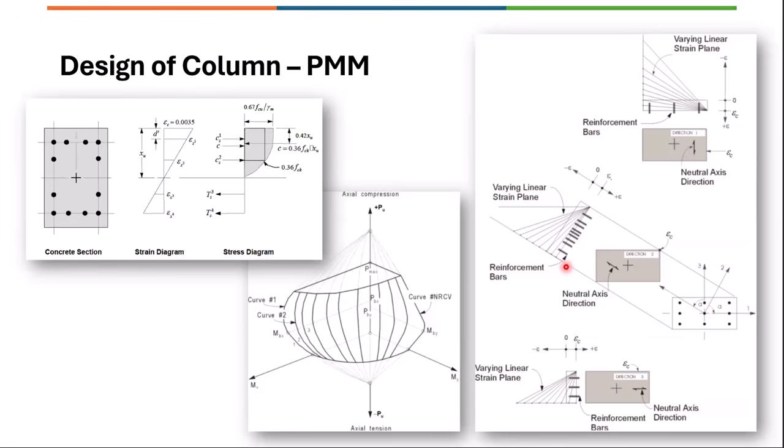May not be exact, but the distribution should reflect your detailing style. So you can control that, and you can see how these stress and strain diagrams are utilized. And then the generation of interaction surface here is based on the rotation of the neutral axis in various angles. So full 360 is done, and then PMM interaction surface, full 3D, is generated like this.